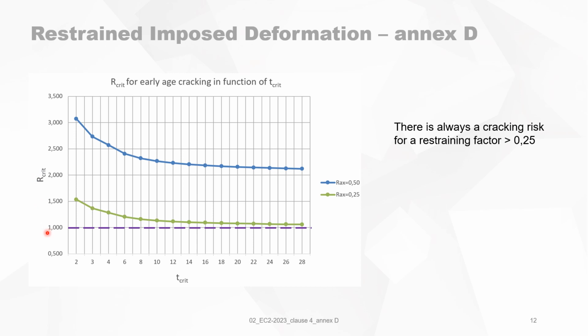If the cracking risk is more than 1, then you have to make some arrangements, put more reinforcement in it or something like that, or adapt the method of curing. So in all cases of T critical in the interval 2 to 28, you will always have a cracking risk bigger than 1.